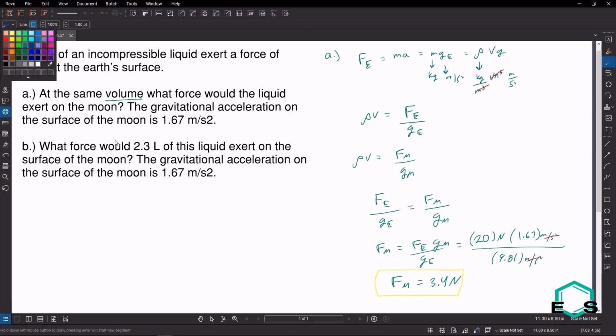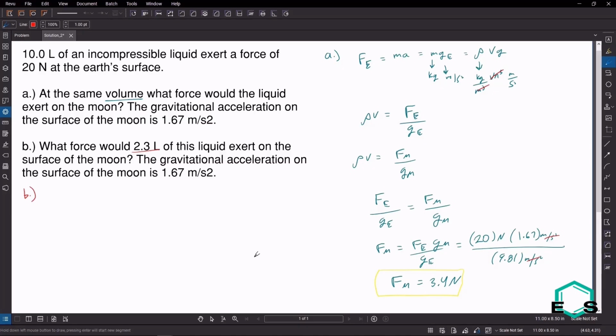Now for part B. What force would 2.3 liters of this liquid exert on the surface of the moon? The gravitational acceleration on the surface of the moon is again 1.67 meters per second squared. In this case, we have a change in volume, but we know the density on the Earth and on the moon is going to stay the same.